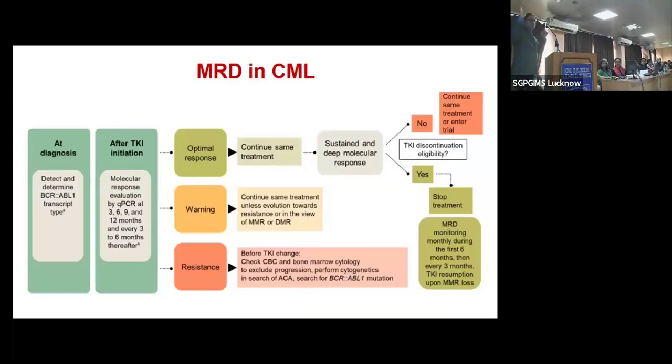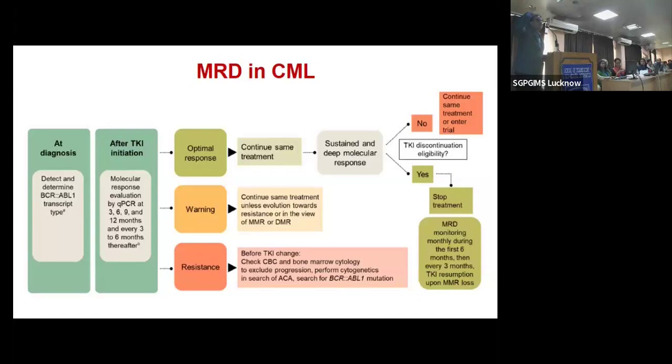Another disease which usually doesn't come to our mind is CML. Actually, BCR-ABL is a sort of MRD only. We are changing the TKIs based on the BCR-ABL transcript, and based on that percentage, we decide whether the patient is responding to TKI or not. So it's a sort of molecular MRD which we are using day in and day out in our patients.